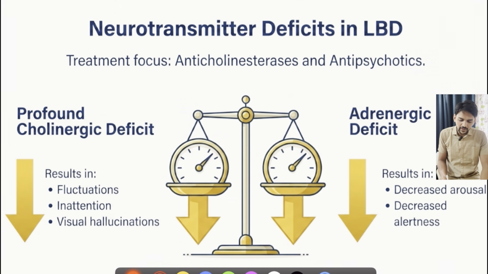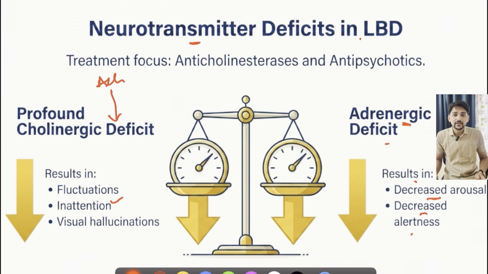And along with the abnormal protein deposition, again in Lewy body dementia, we might see the involvement of neurotransmitters just like in Alzheimer's disease, where acetylcholine will be deficient, leading to cognitive impairment like inattention or judgment related problems. Also, there will be adrenergic deficit, resulting in decreased arousal or decreased alertness. That's why when we are treating Lewy body dementia, we can utilize anticholinesterases as mentioned in the Alzheimer's chapter.